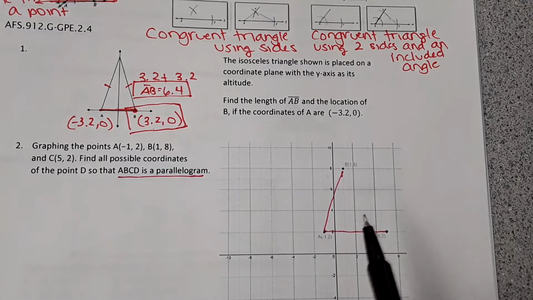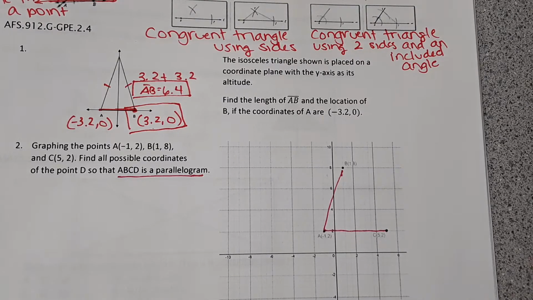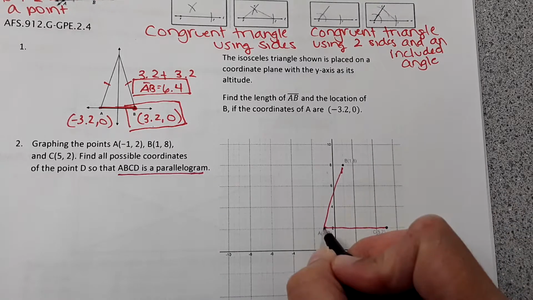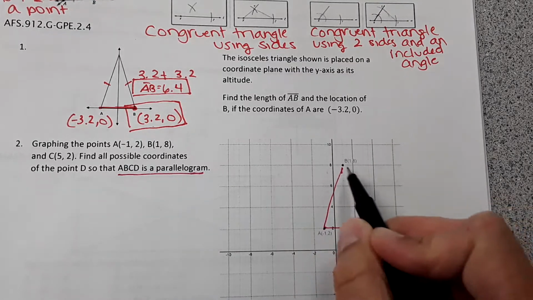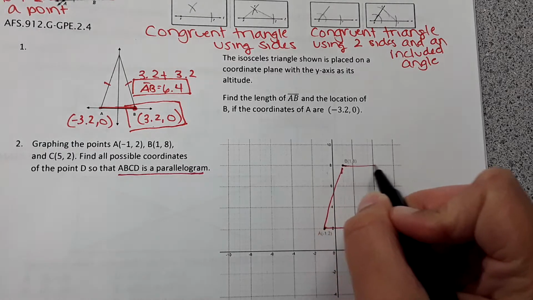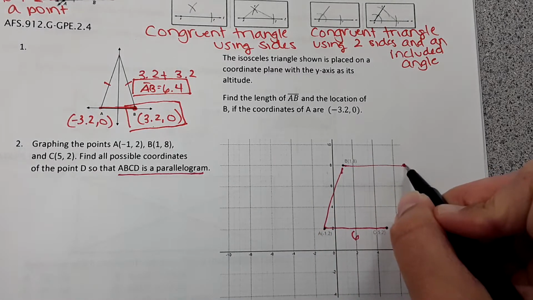With a parallelogram, the opposite sides are congruent. So this from -1 to 5 is 6 units, so I need the top to be 6 units as well. So from 1 plus 6 would be 7 units. It would be right here.